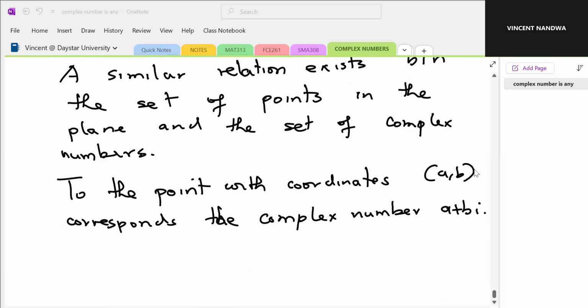and any given point with coordinates a, b in this plane corresponds to a complex number a plus bi.